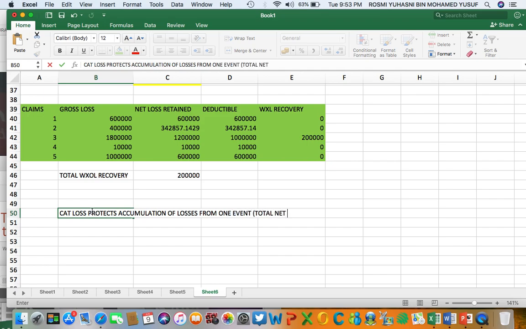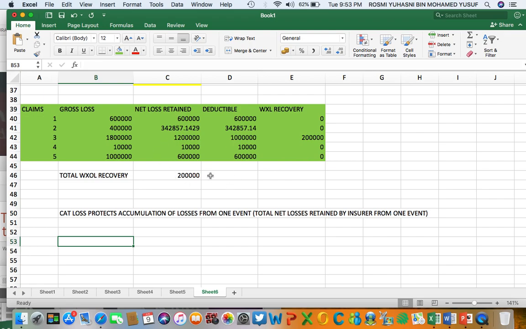Total net losses retained by the insurer from one event. Okay, from the calculation here, can you calculate the total net loss retained by the insurer from one event? Or in other words, the amount of losses not paid by the working excess of loss reinsurer, meaning that it should be the total of this.